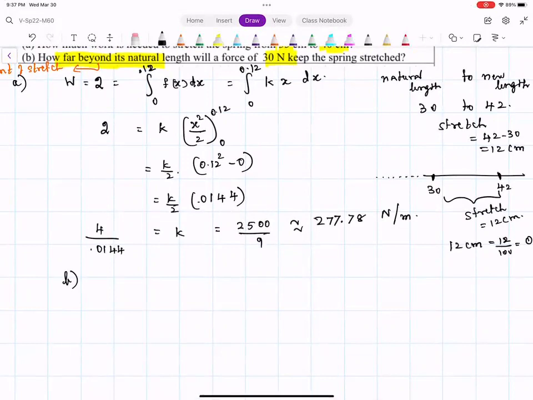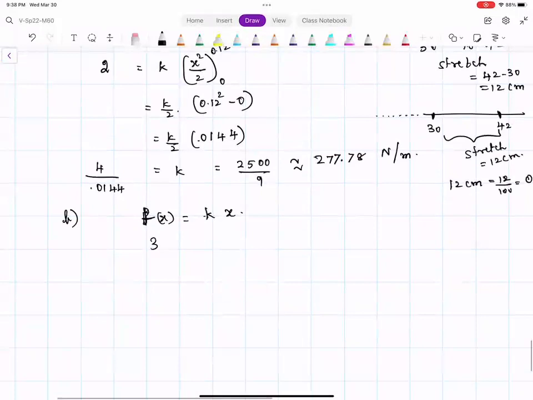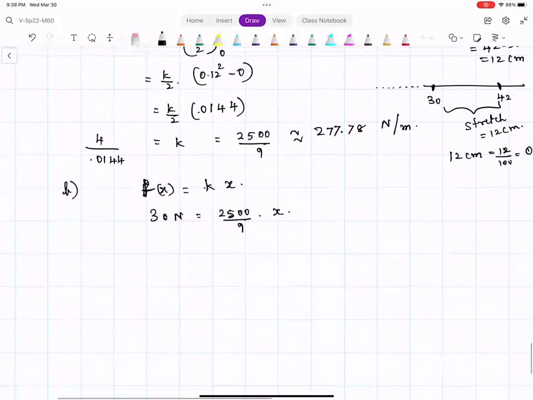So force equals k times x. Force is given, in this case, to be 30 Newtons. And k is already found, which is 2500 over 9. And you want to find out what x is. So x equals 30 times 9 over 2500.